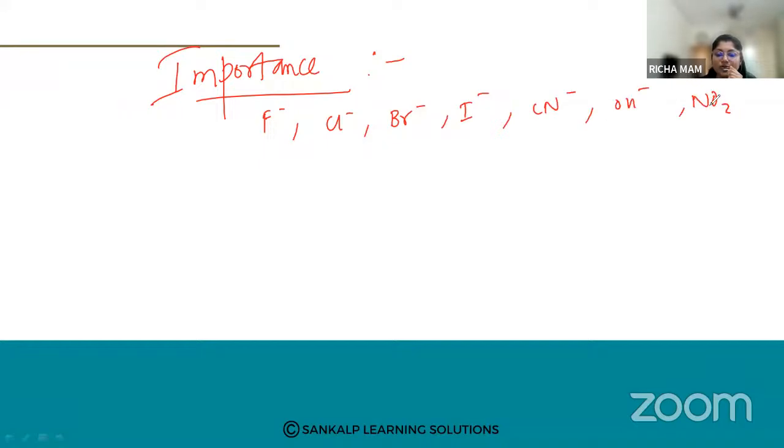What is the importance of these diazonium salts in synthetic organic chemistry? Diazonium salts are good intermediates for the introduction of F minus, Cl minus, Br minus, iodide ion, CN minus, OH minus, NO2 group into the aromatic ring.